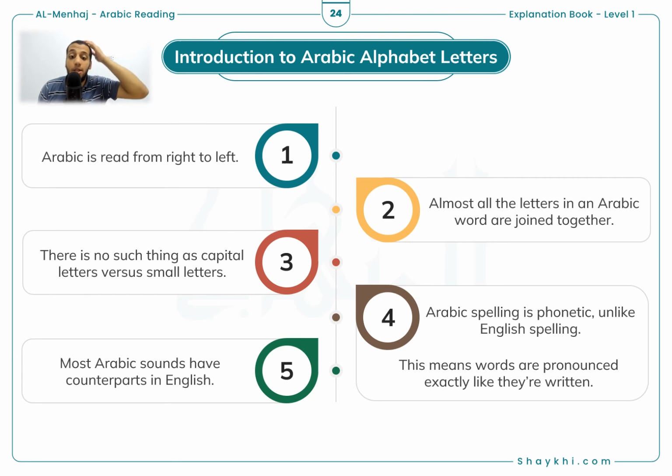If you know this, you will understand to what extent it will be easy to learn Arabic if you can speak English, or if you know the points of articulation in English. This is one of the points that make learning Arabic reading easy. And even if you don't know the points of articulation in English, we will discuss points of articulation in detail, and you'll find it easy to learn Arabic letters and sounds.